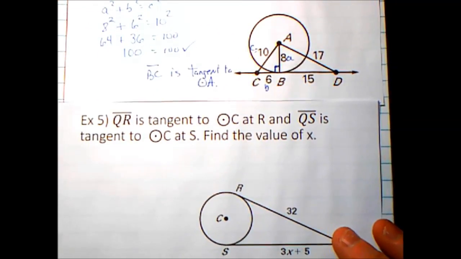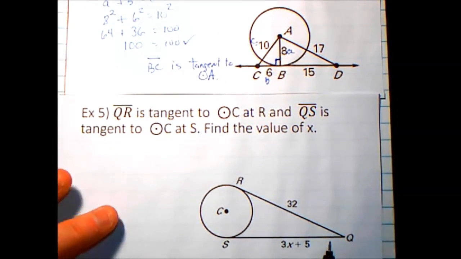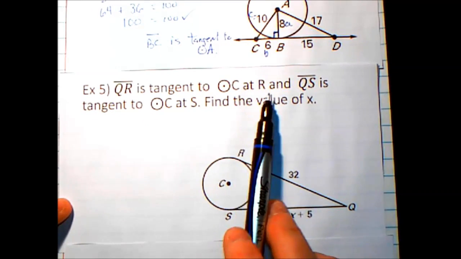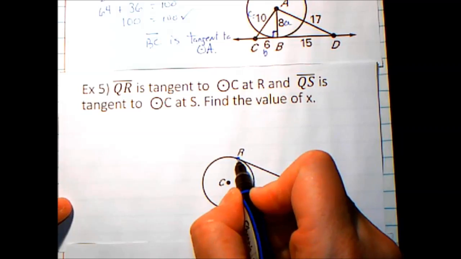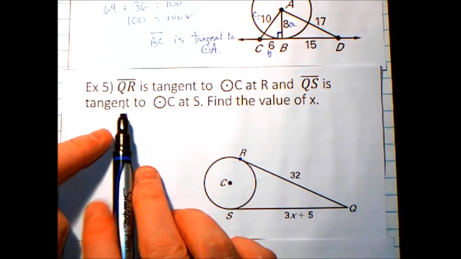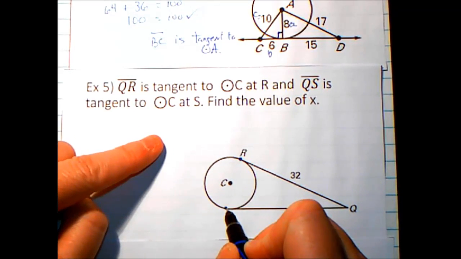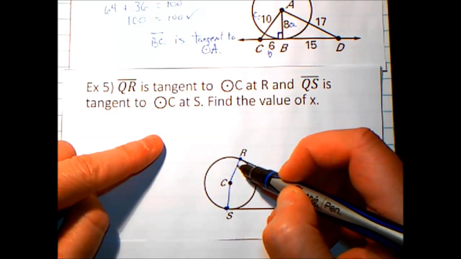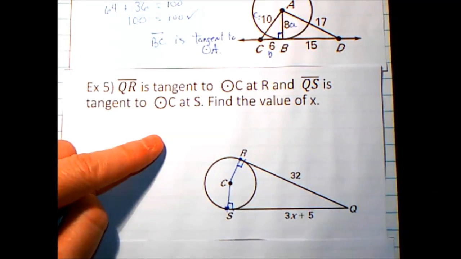On example 5, it says QR is tangent to circle C at R. There's my point of tangency right there. And QS is tangent at point S. That means if I bring that straight down, I have right triangles here.